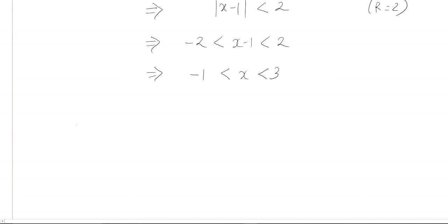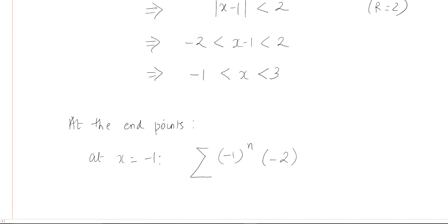So at the endpoints, what do we have? At x equal to minus 1, for instance, our series is going to be minus 1 to the power n times, since x is minus 1, minus 2 to the power n over 2 to the n times n, which essentially becomes 1 over n, the harmonic series.